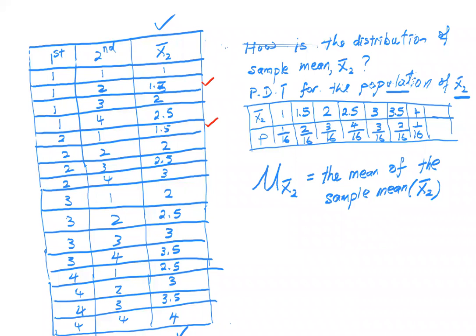So can you please use your calculator, key this into your calculator and tell me what is the answer. So every time you write this symbol, that means it belongs to the population. And the subscript here is the variable that you are talking about. I can tell you the answer because I know the formula, 2.5.